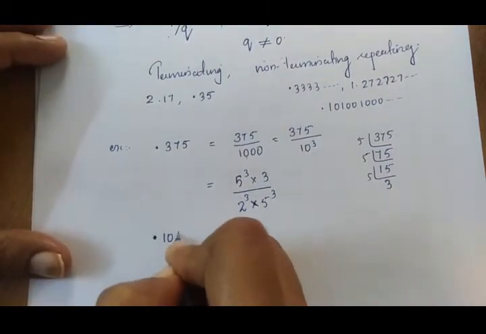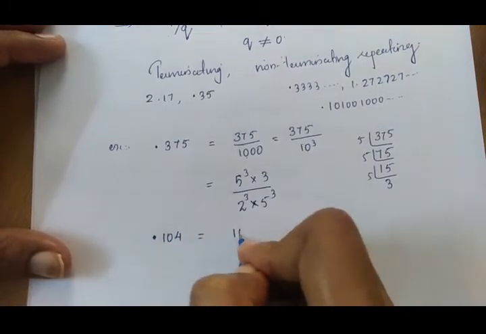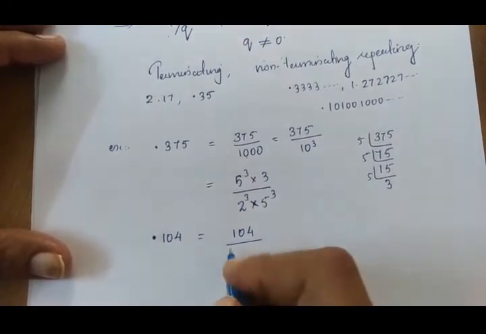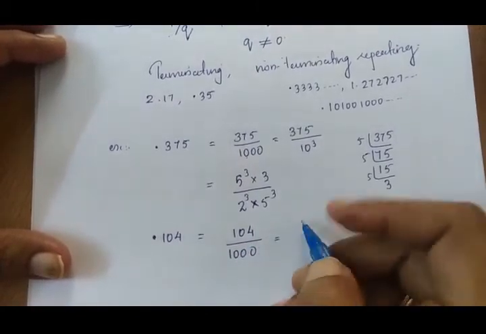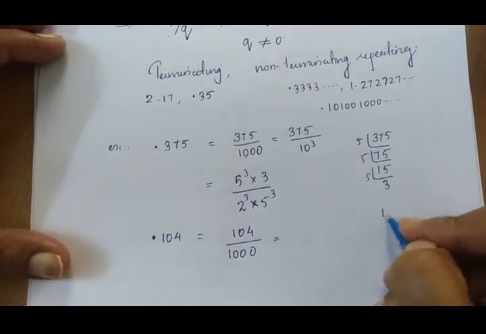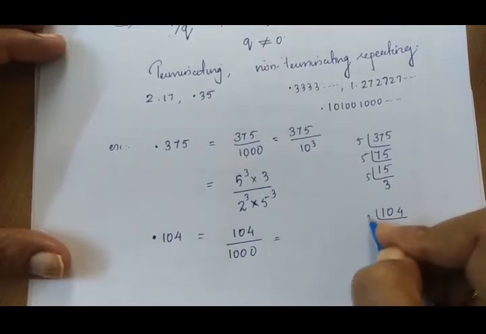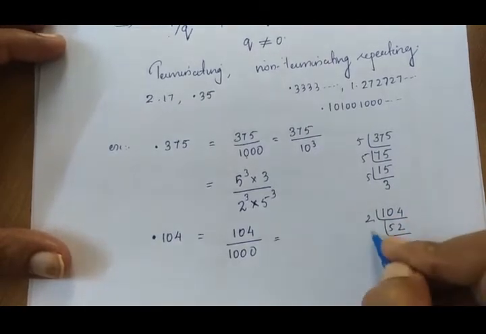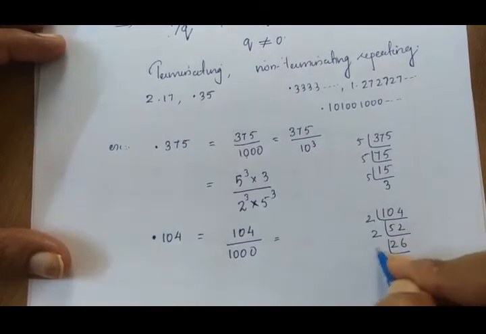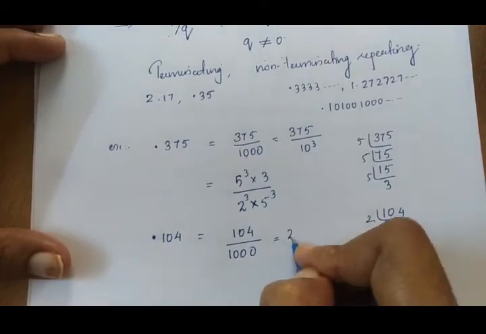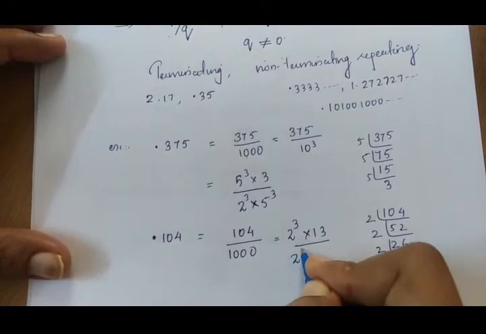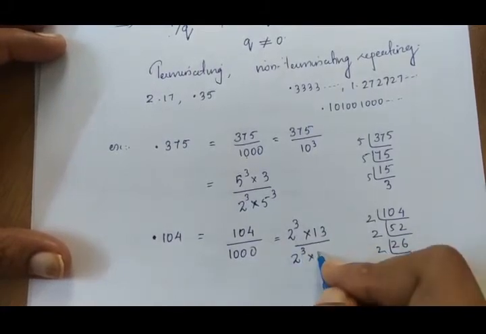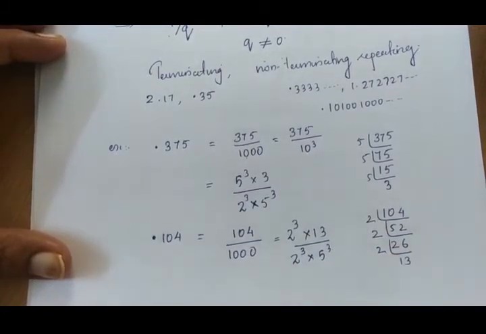Next, 0.104. Again 104 divided by 1000, because of 3 decimal points. We can factorize 104 as 2 raised to 3 into 13, so it is 2 raised to 3 into 13 divided by 2 raised to 3 into 5 raised to 3.